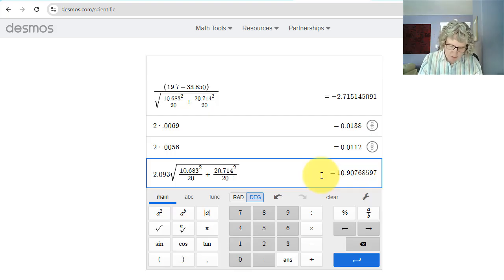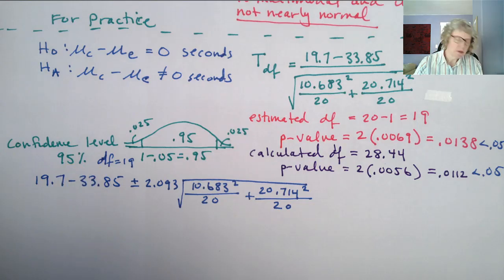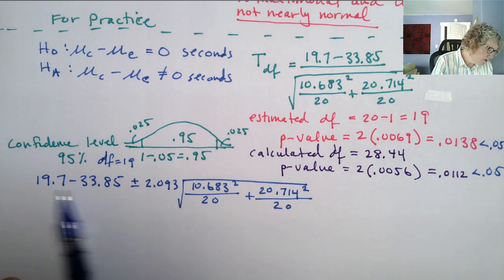Okay, so here's the margin of error. This is the plus or minus seconds, right? So we're talking about 10.9 seconds, so almost 11 seconds. So let me write this down. We actually need to do our difference here as well.